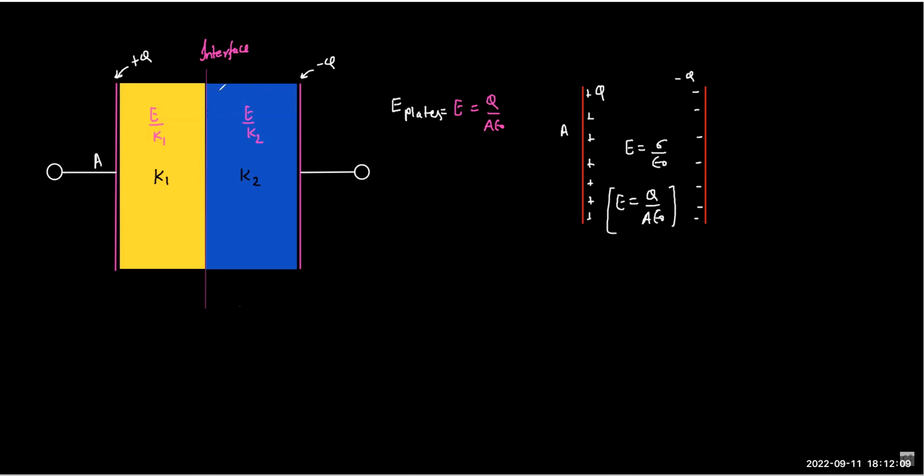Let's call sigma I the surface charge density at the interface.